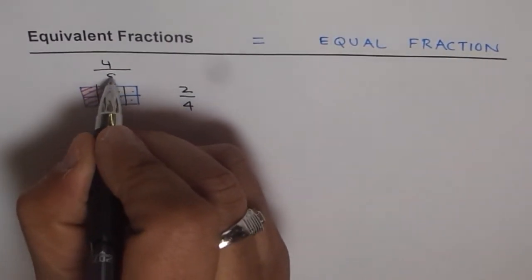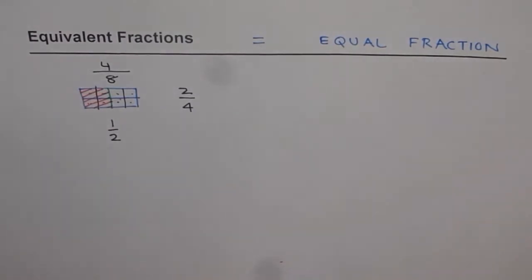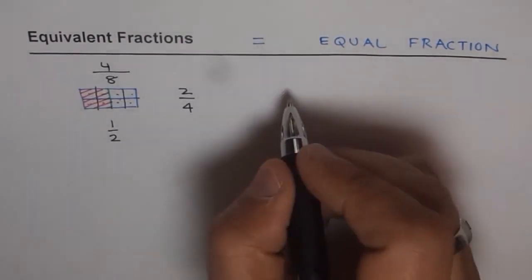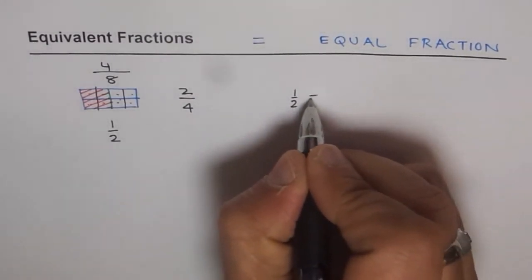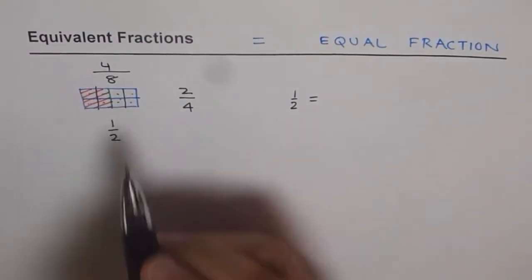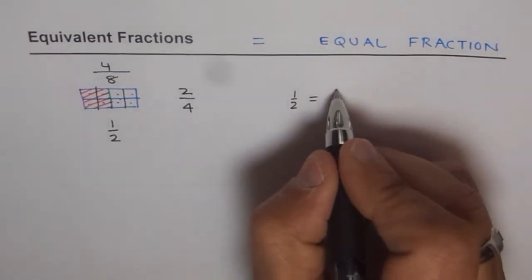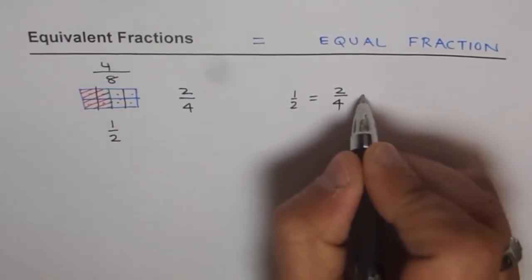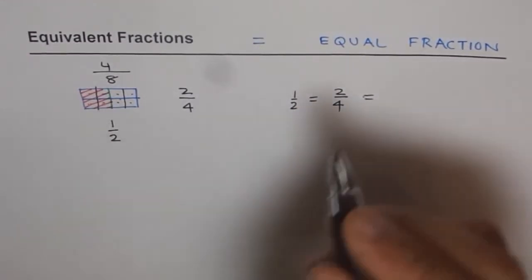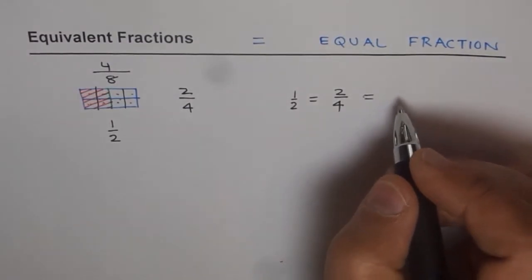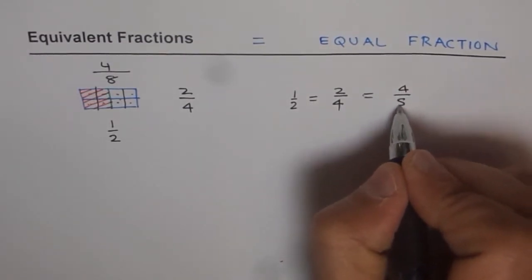It is 4 out of 8. So we had started with half, divided it into more portions and got 2 out of 4, which is the same as half. Then we divided it into more parts and got 4 out of 8.